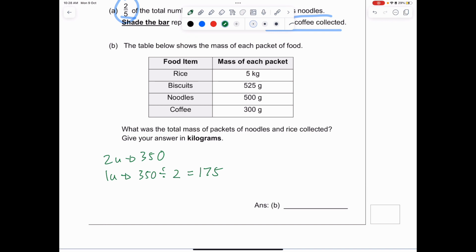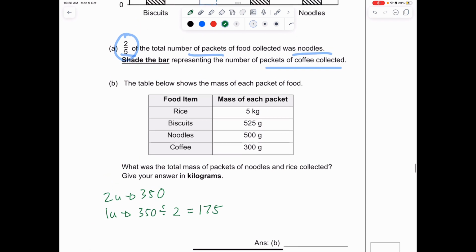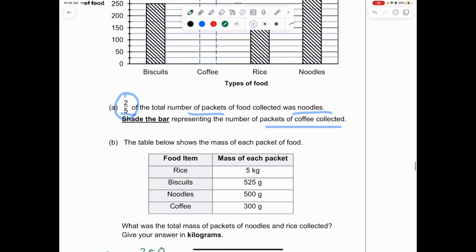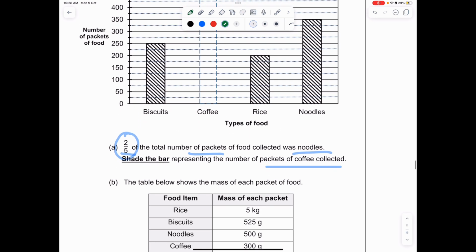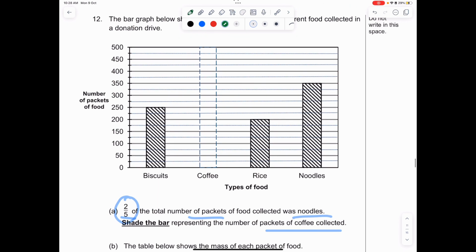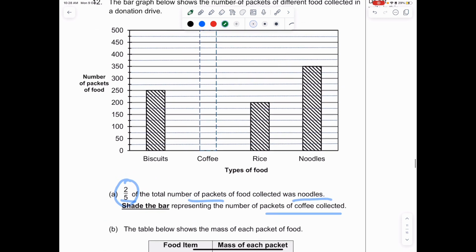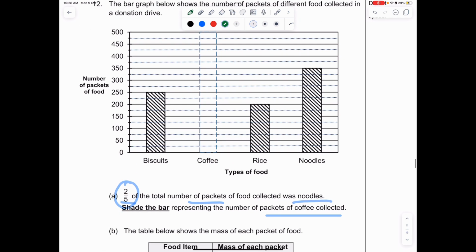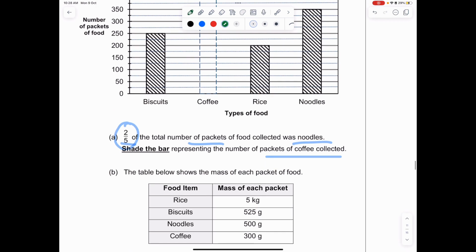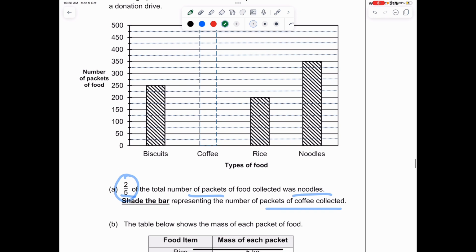Now, if you take a look at here, shade the number of packets of coffee collected. So how do we know how many was collected? What you want to do is find out exactly what is 3 units.